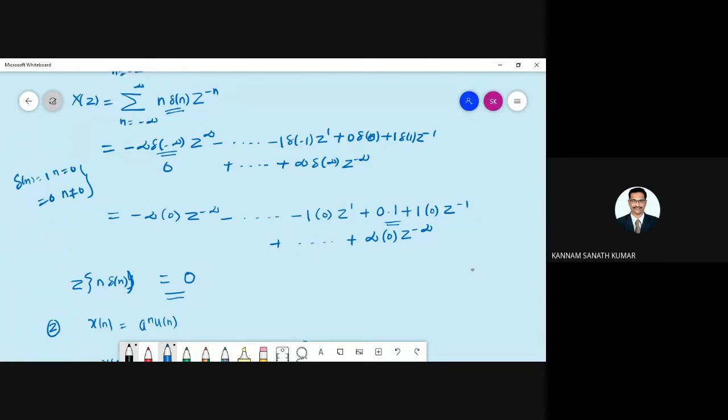Okay. So here also, the function del of 0 equal to what? 1. Okay. So 1 into n is how much? 0. 0 into 1 is how much? 0. Okay. So that means the Z transform of n into del of n is how much? 0. Okay. So remaining all the terms become 0, no. So del of n is defined only at n equal to 0, no.